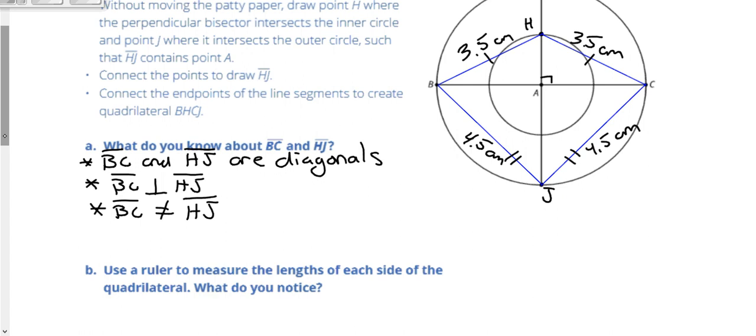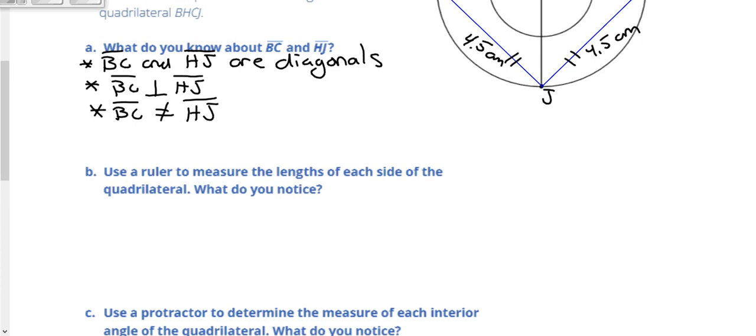All right, so we notice that this rules it out as a rhombus, so not 4 equal sides, but we do have some equal sides.